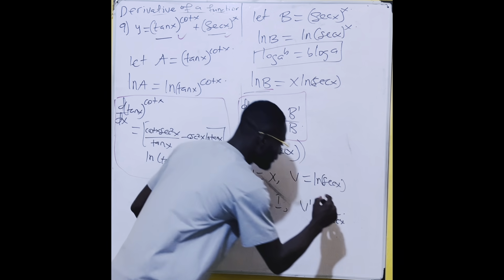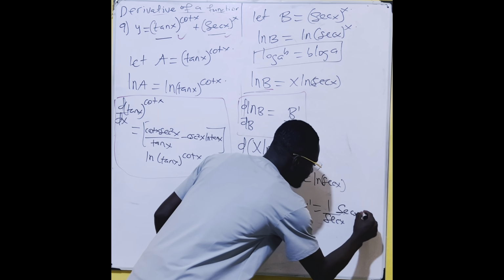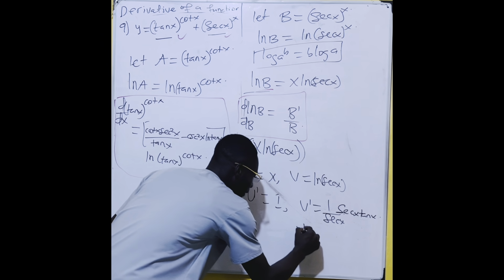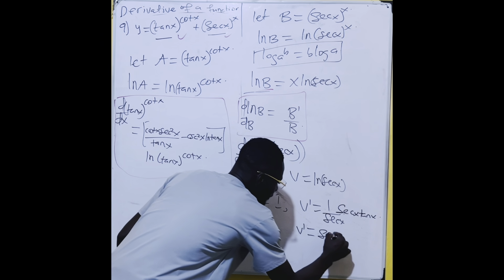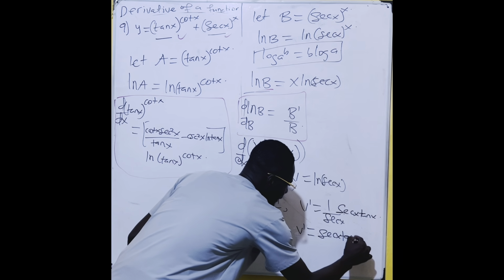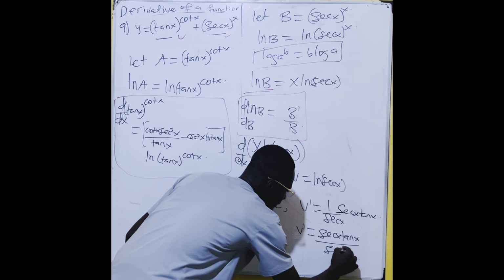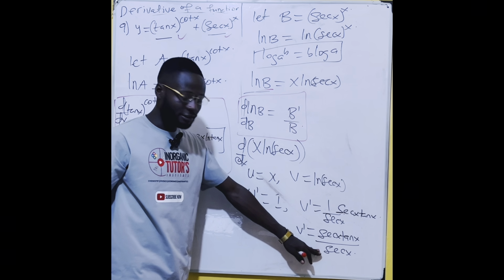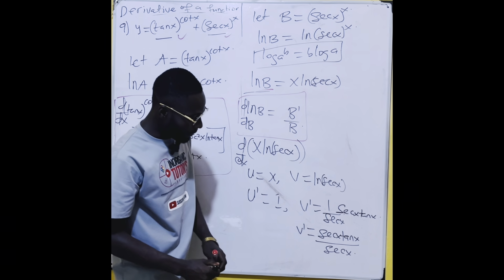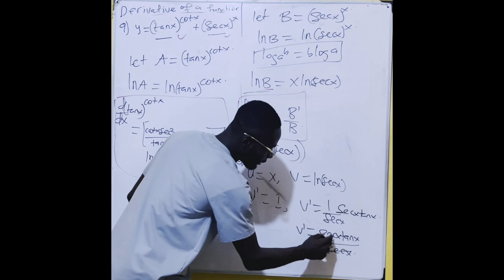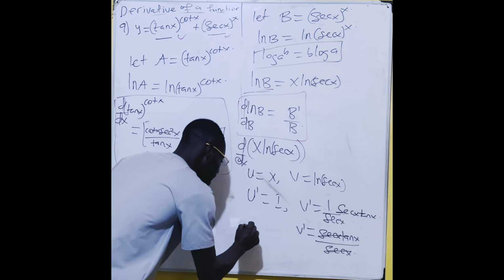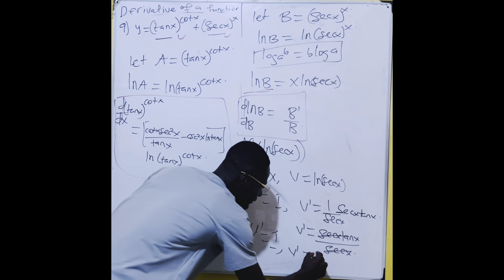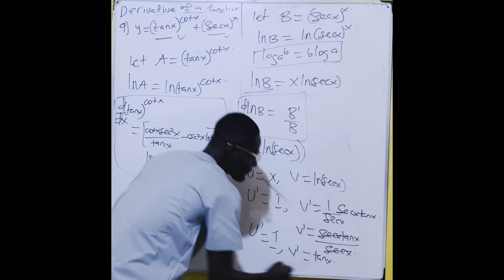So we have our v prime to be equal to sec x tan x divided by sec x. So that is the derivative v prime. But we know that this can take off this, so v prime now becomes tan x.